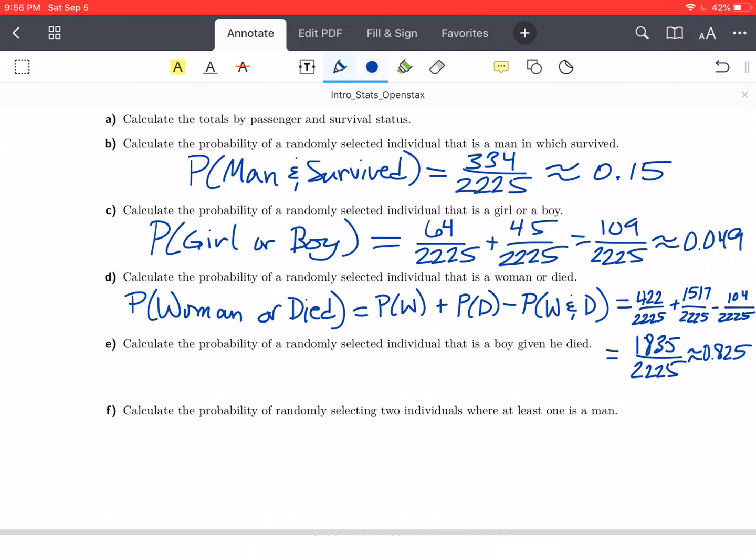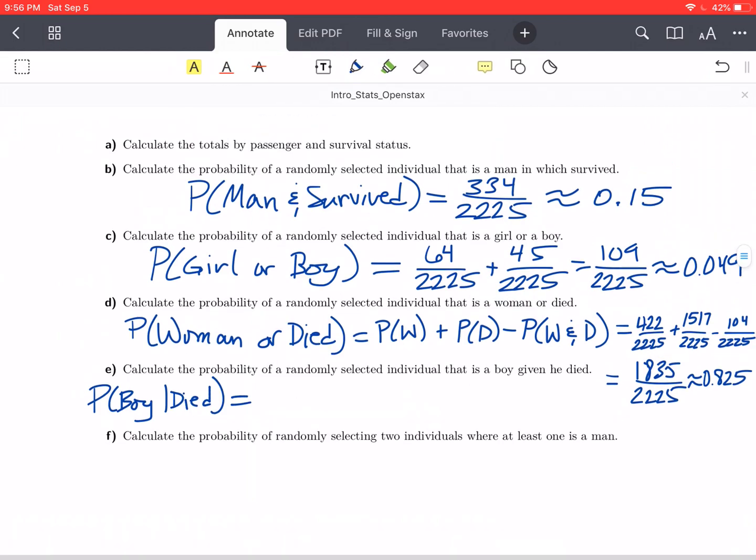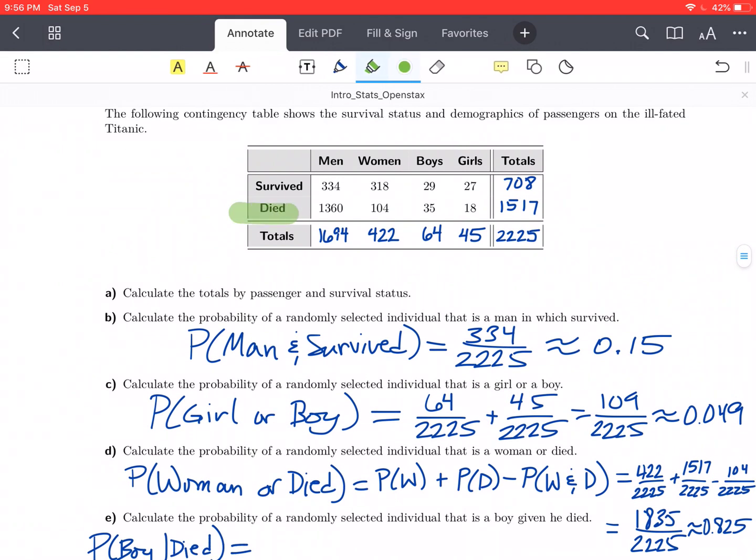Next up, the probability that a randomly selected individual is a boy given they died. So the probability that they were a boy given that they died. So now we're only looking at the death row. So that's going to be 1,517 people, and there were 35 boys in that group of people who died.